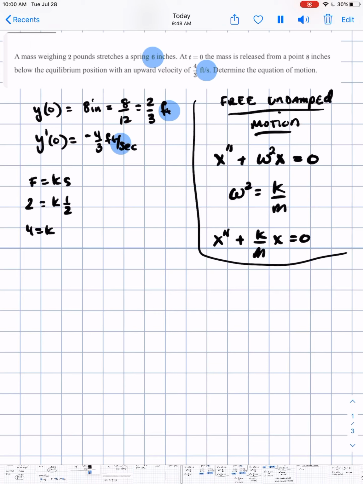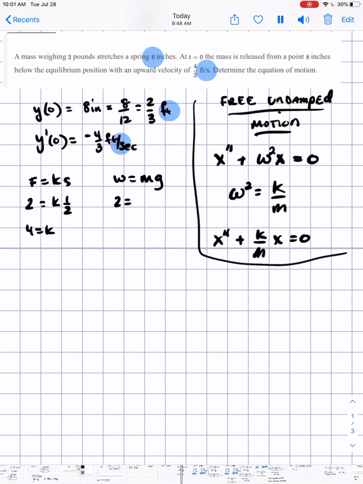Now I also want to find my mass. Remember, W is equal to mass times gravity. Here weight is 2 equals the mass times, since we're in feet, 32 for gravity, so I get 1/16 as my mass.